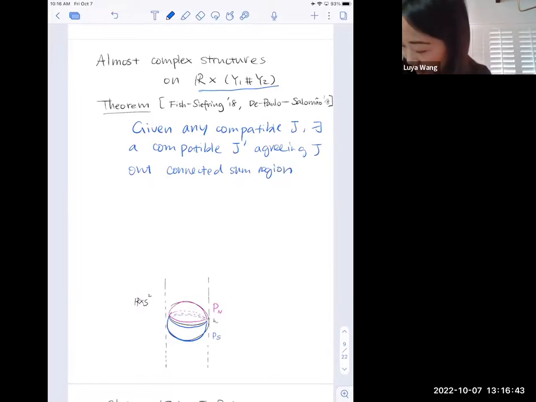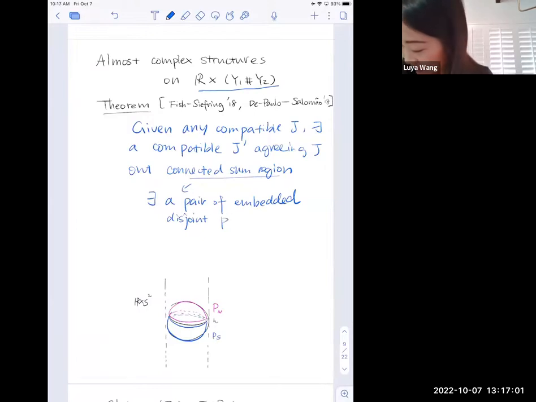And in the connected sum region, there exists a pair of embedded disjoint pseudo-holomorphic planes.